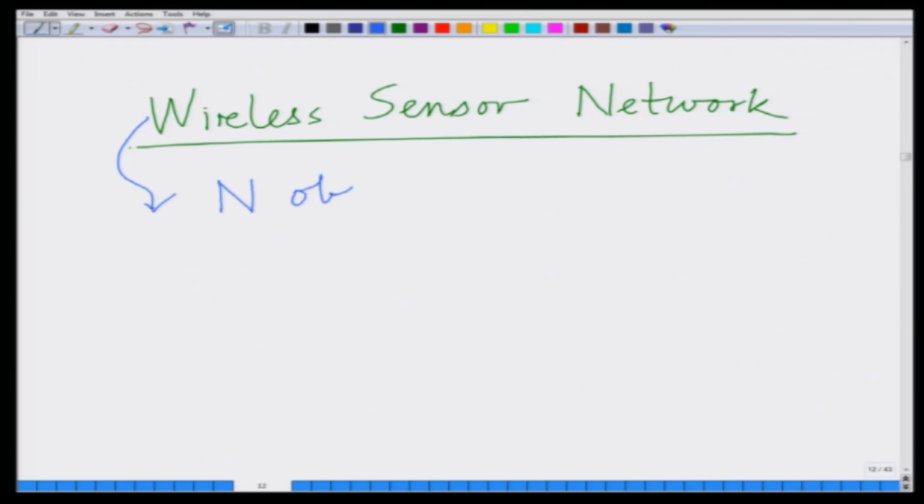We have looked at n observations in this wireless sensor network.